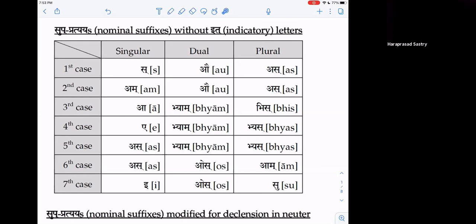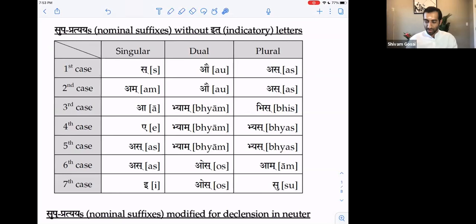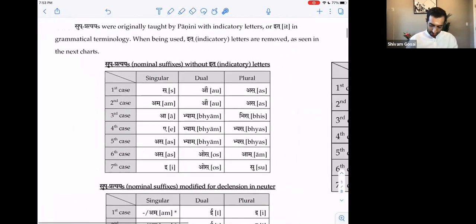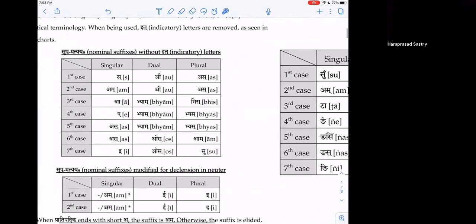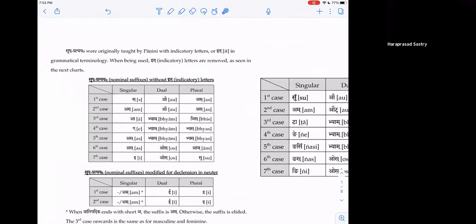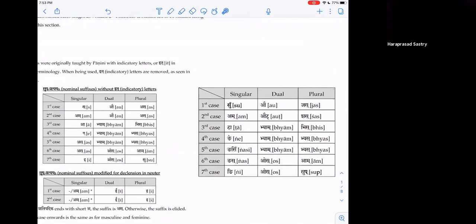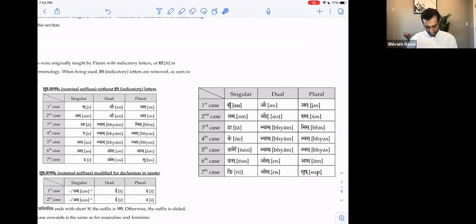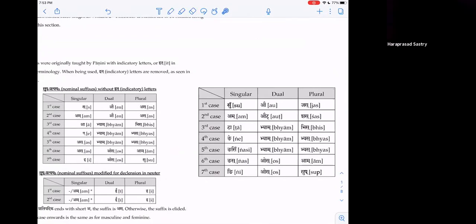Yes, sir. Namaste. I'm looking in page 68. Supratyayaha. The plural for the Pratama Vibhakti, he says jas. You said us. Which one is correct?